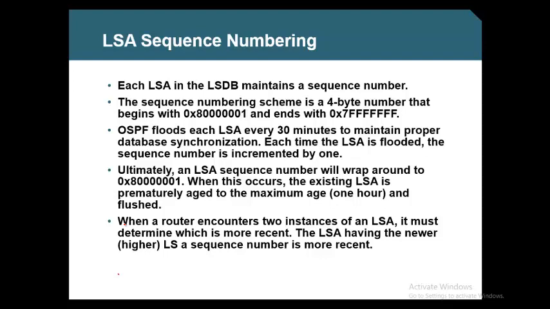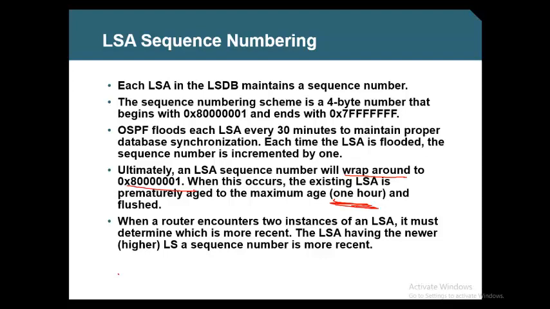Now, I told you many millions, but still it will not run out, because every 1 hour, whether any change happens or not, the sequence number will be wrapped around and reset to this number again from the beginning. So you will not run out of sequence numbers.